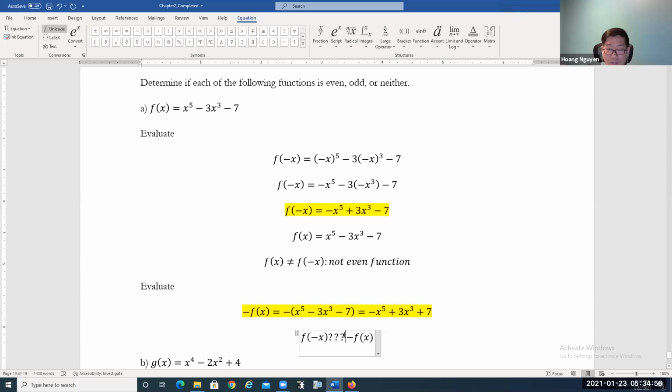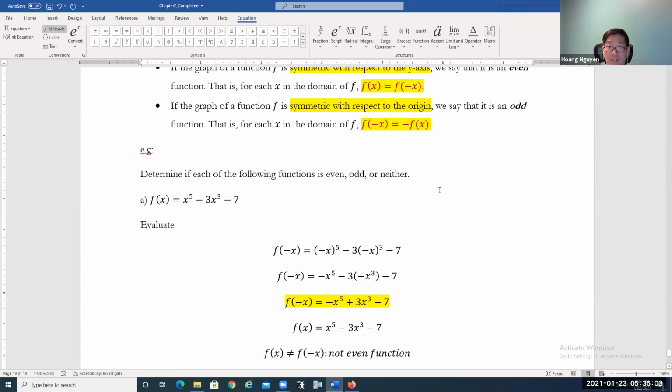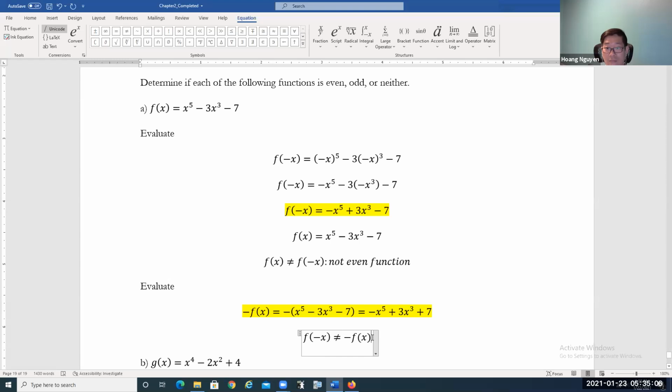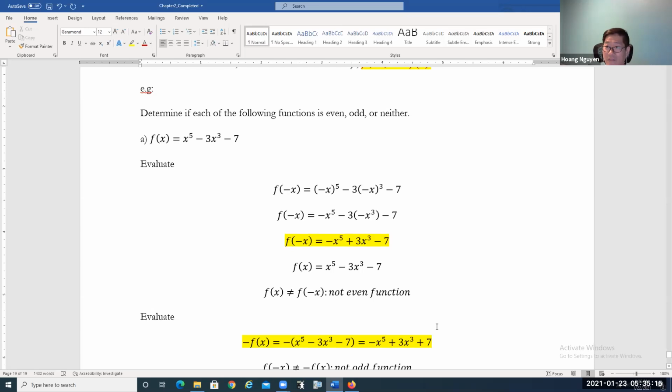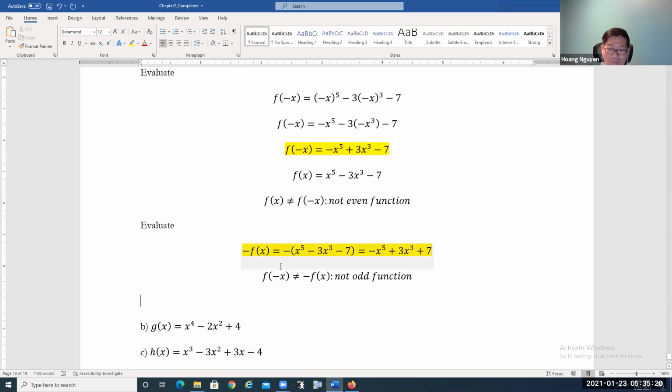So this is not odd. This function f of x is not an even function and not an odd function. So it's gonna be neither. This is your final answer.